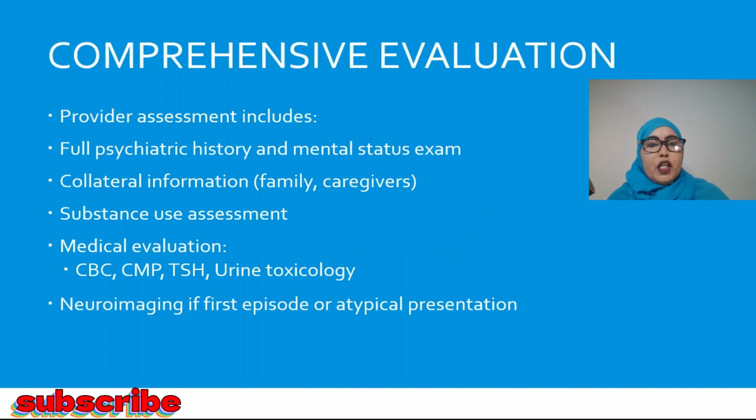Comprehensive evaluation includes assessment, and assessment includes a full psychiatric history and mental status examination. Collateral information: you talk to the person's family and other caregivers. You assess substance use, to rule out whether these symptoms are caused by substance abuse.